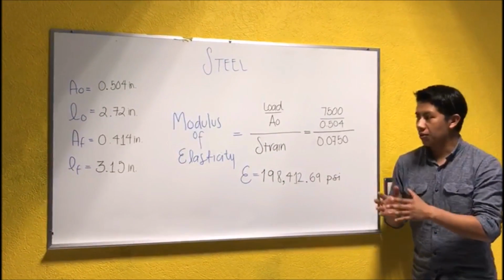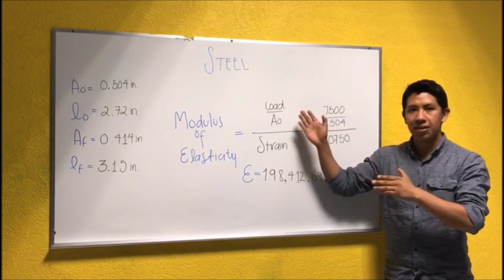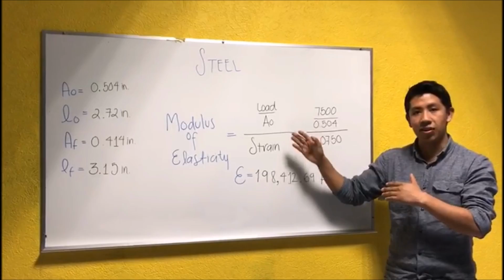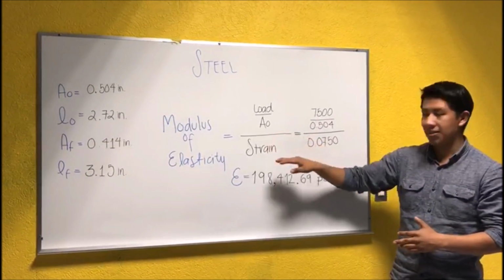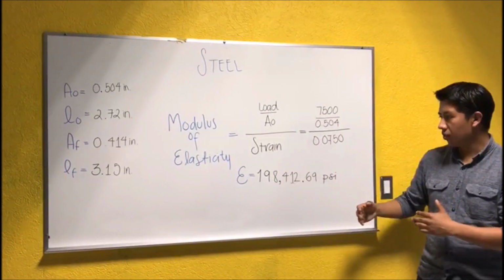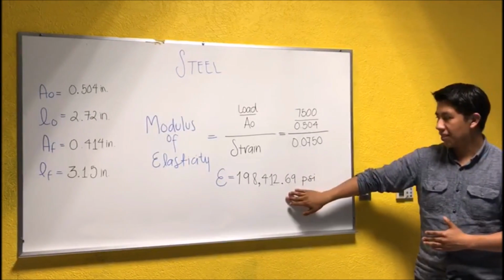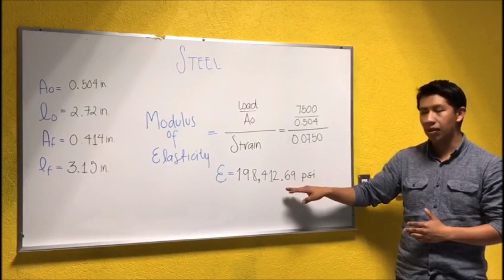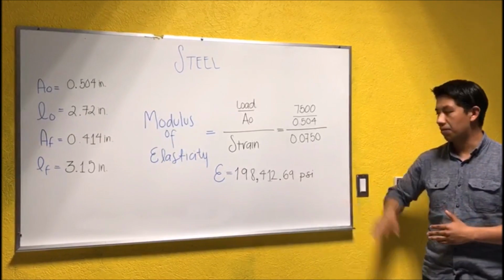The formula of the modulus of elasticity is the load that we extract from the graph, times the initial area, divided by the strain. As a result, we obtain 198,412.69 psi.